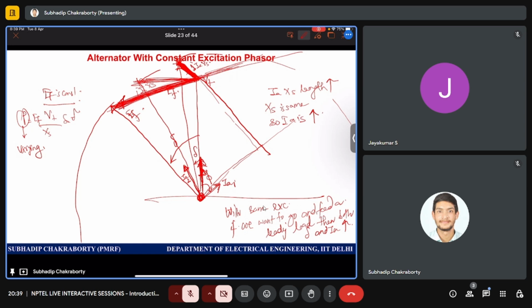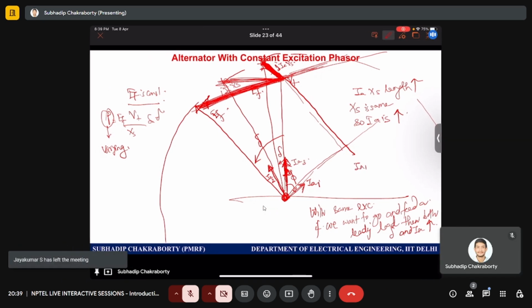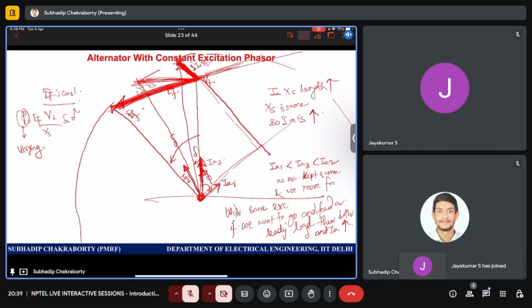Because this excitation is constant. So IA1 length is least, then IA3, then IA2, as excitation is kept same and we move from lag to lead. Obviously, the power angle also increased. IA increased. But EF is leading.